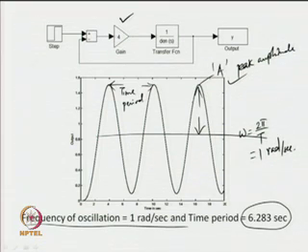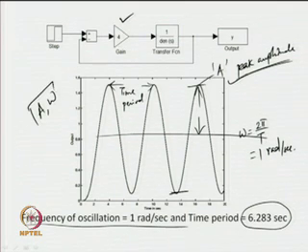Peak can also be obtained from the measurement of peak to peak values. Measure the peak to peak values and divide by 2, that will give us the peak amplitude A of the output signal. So, making two measurements, A and omega, of the output signal, it is possible to estimate the two unknowns of the model parameters.